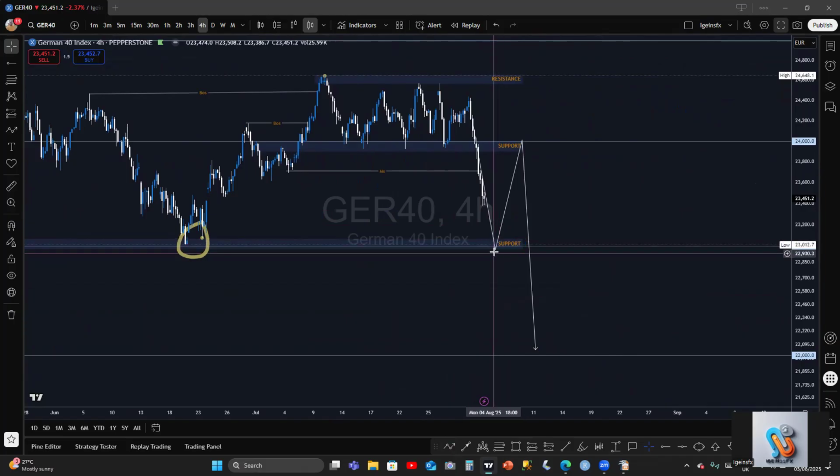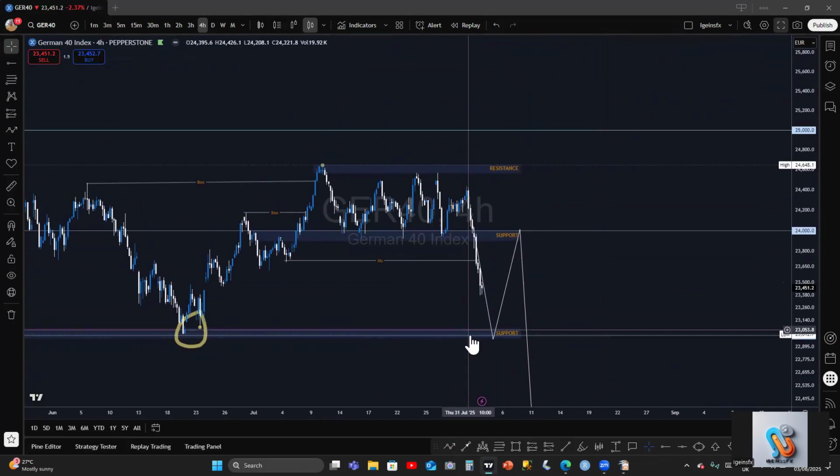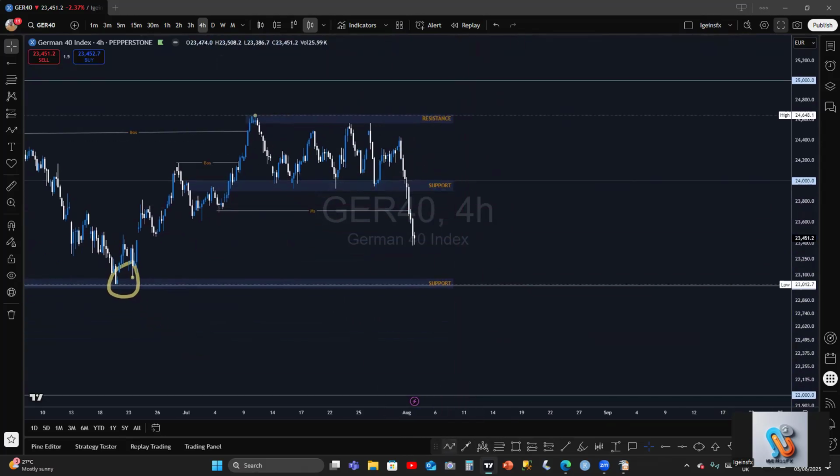Maybe this reaction will send the price to this level before it drops, or price action can send the price down to this point. Then you will see a move here that will take it. Once it gives us a market shift here, price will start going to the upside.